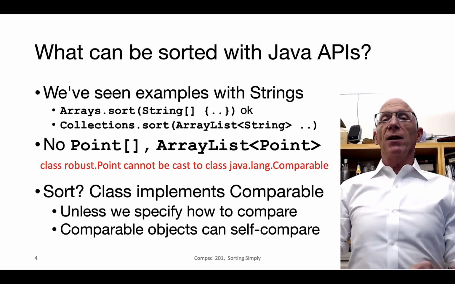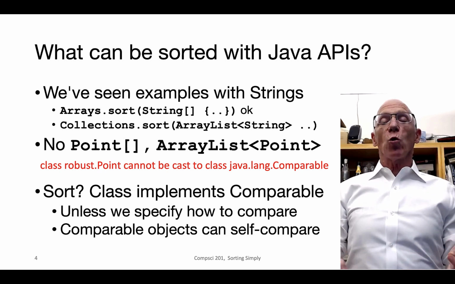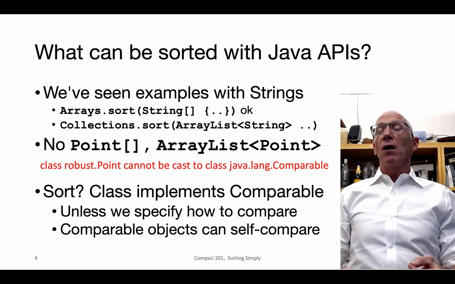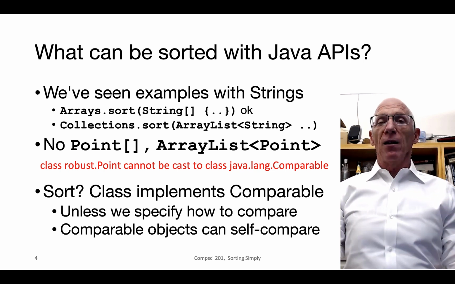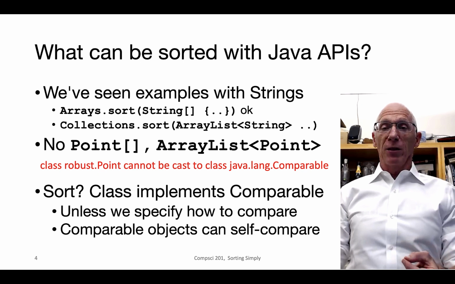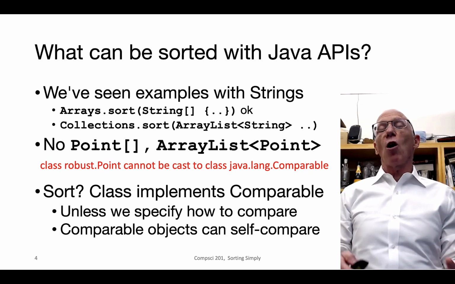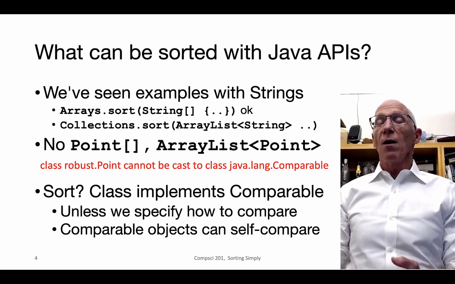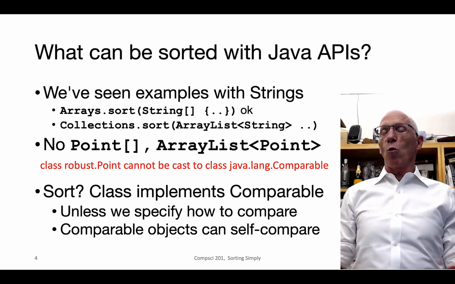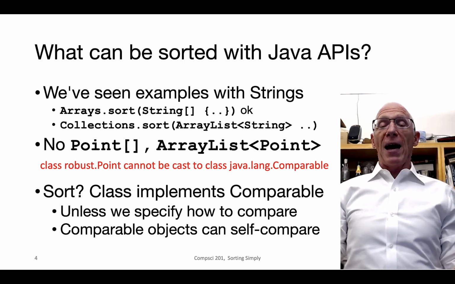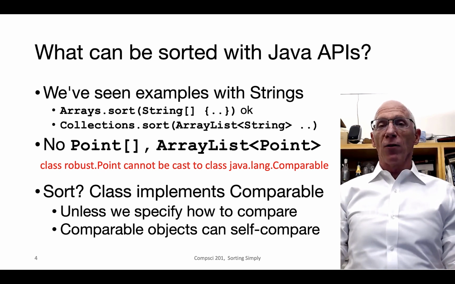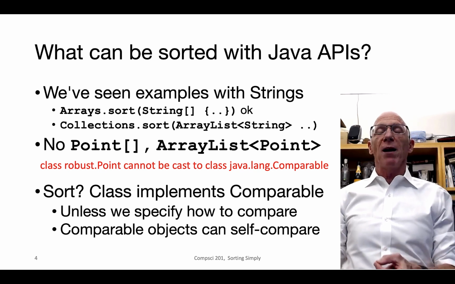And we'll see that in Java, you can sort things that are comparable. You have to specify how to compare the elements, either because the elements are already comparable, because remember that in an object-oriented program, we ask what the object can do to itself, and the object will know how to compare itself.